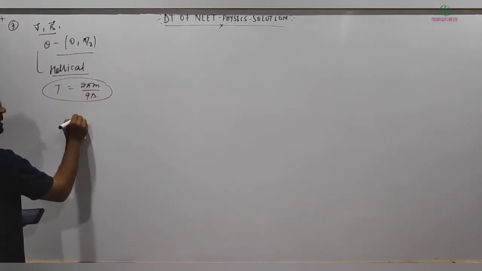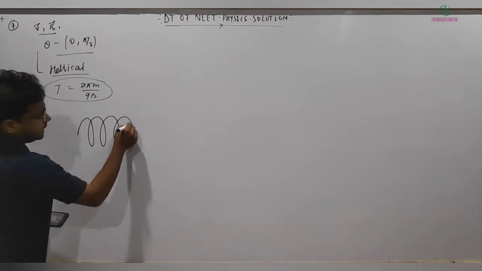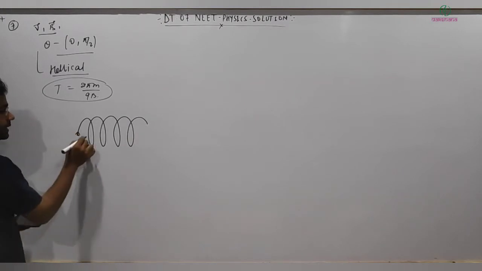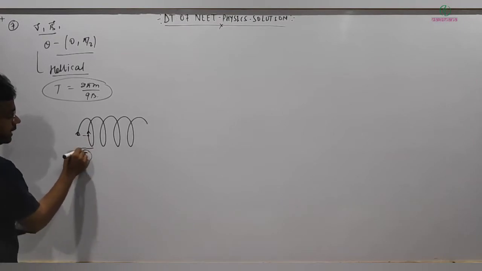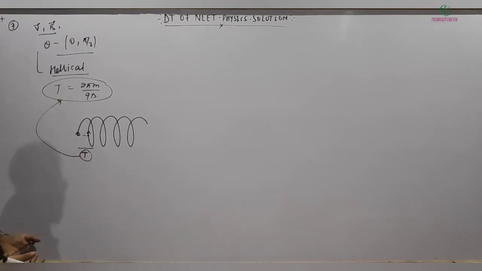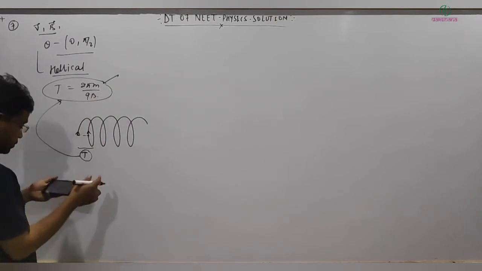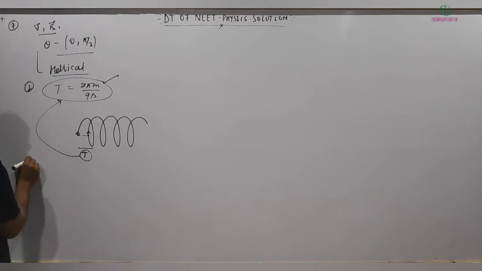Let me explain it a little bit more. In this situation the path is helical, and if we start from here, then exactly after one time period it will be in a similar situation, and the time period in the case of a helical path is also given by 2 pi m by qB. That's a simple, straightforward formula-based question, and the option will be 1 for question number 7.